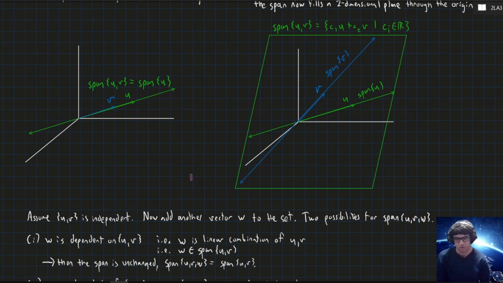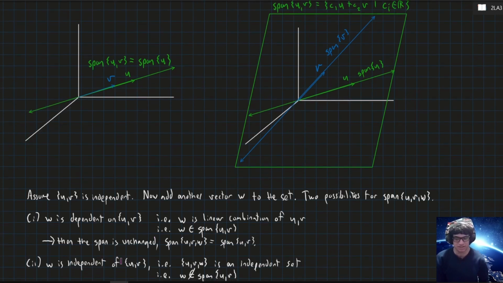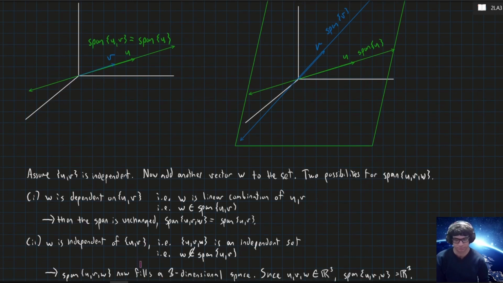So if we want to span R3, what we have to do, of course, is add a w that is independent of u and v. We want to add a w that is outside of the span. In other words, it doesn't lie in this plane.